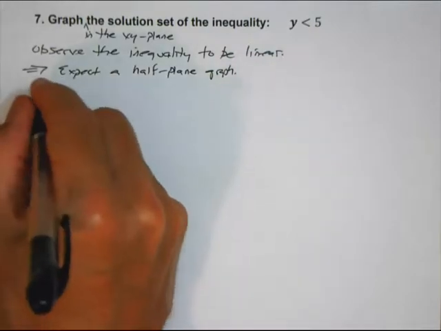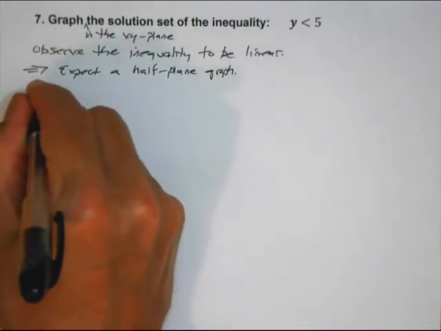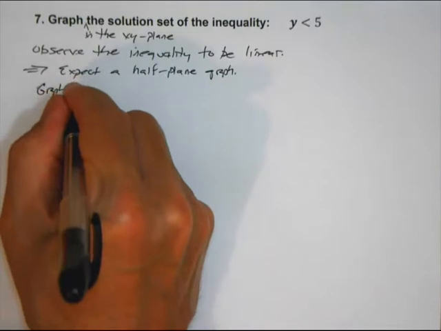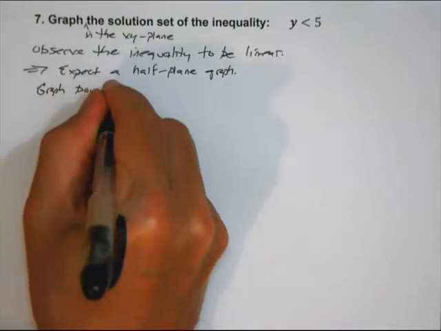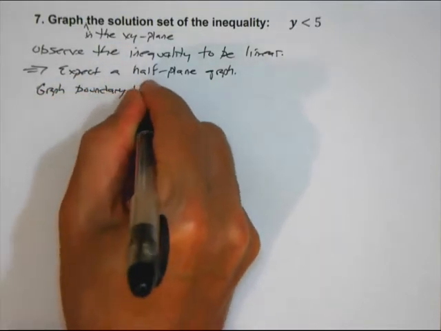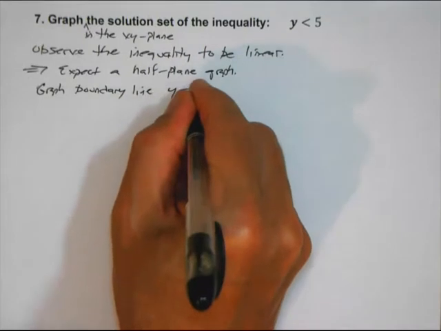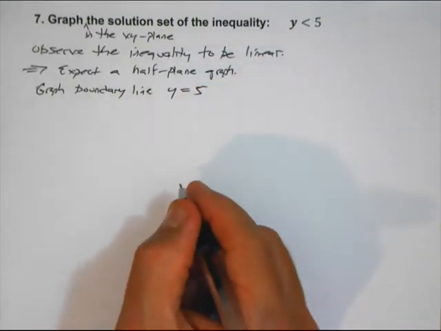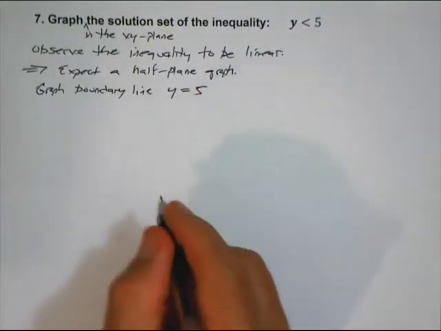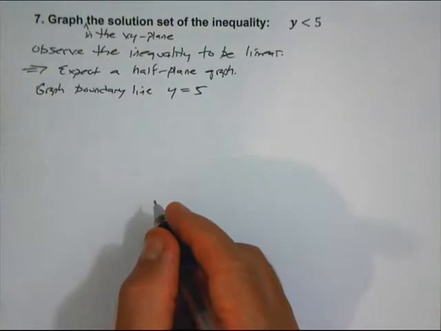So we should graph the boundary line, y equals 5. That's a horizontal line passing through the y-intercept of (0, 5).